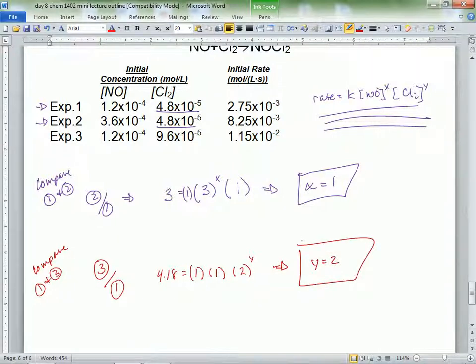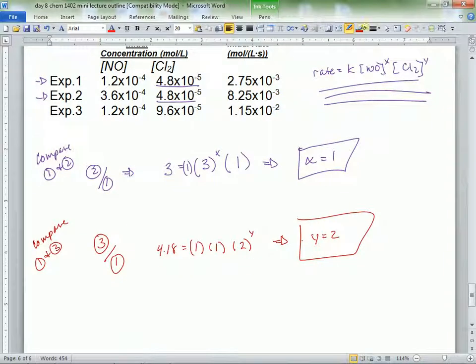So I got 1 and 2 for my orders. Just pick an experiment. I'm going to substitute number 1 data.